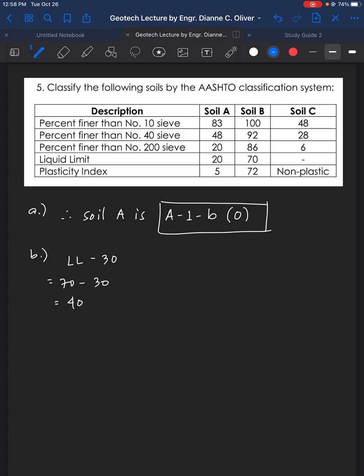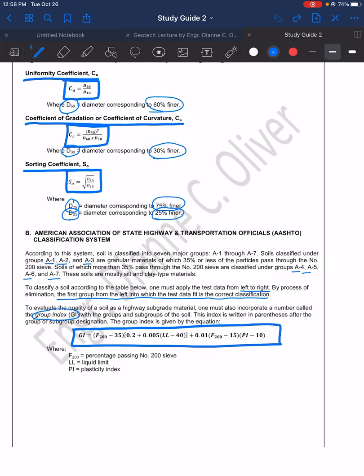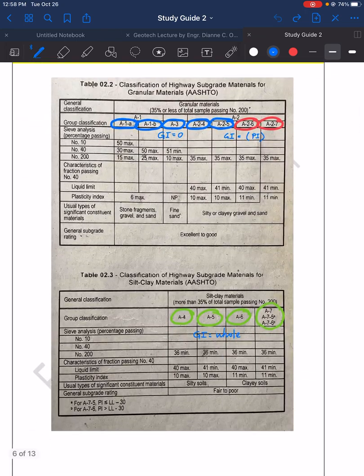There, we still need to solve for GI. So according to our study guide here, it falls on this green here. Therefore, we need to solve for the GI as a whole. So solve GI as a whole.